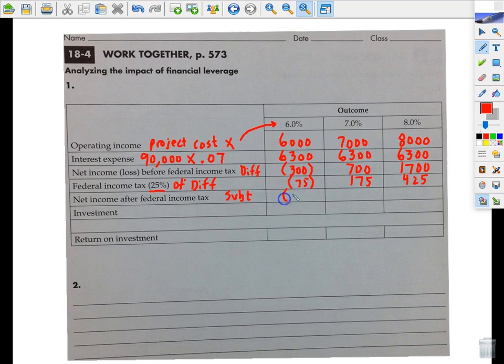Should be negative 225. 700 minus 175 is 525. 1,700 minus 425 is 1,275.